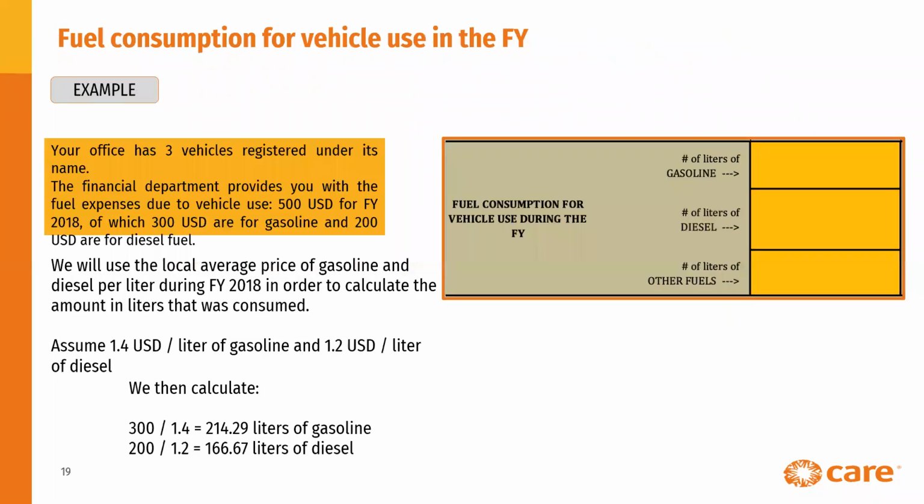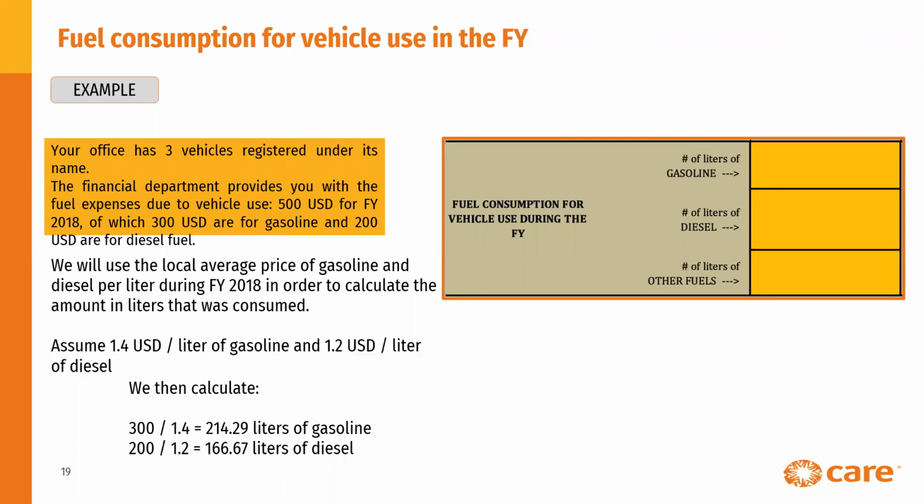We move on now to another example to illustrate the input and calculation as well as input into this PIIRS section. So let's assume your office has 3 vehicles registered under its name. The financial department provides you with the fuel expenses due to vehicle use. We have $500 for fiscal year 2018, of which $300 are for gasoline and $200 are for diesel fuel.